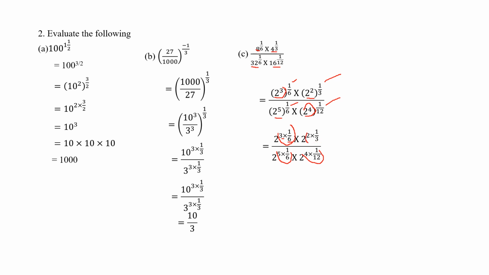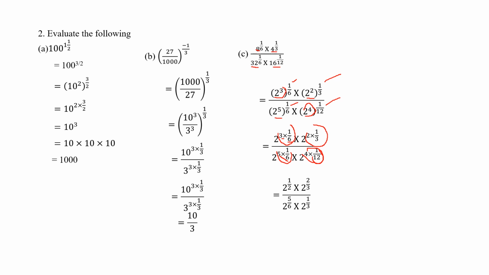Then the 2 times the third, there's nothing that is going to reduce there, so it will be the base power 2 all over 3. Then the same applies here. The 5 times the sixth, nothing will reduce there, but here the 4 will reduce the 12 to a power of 1 all over 3.